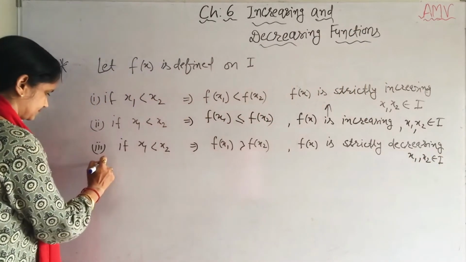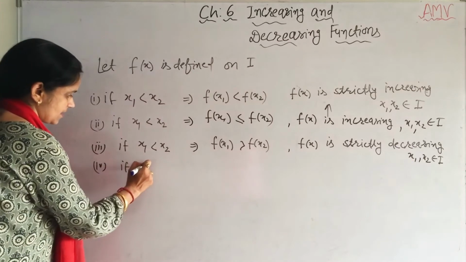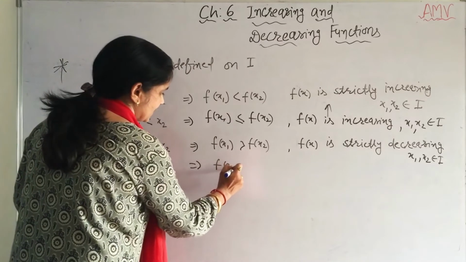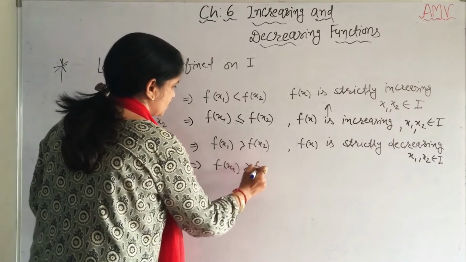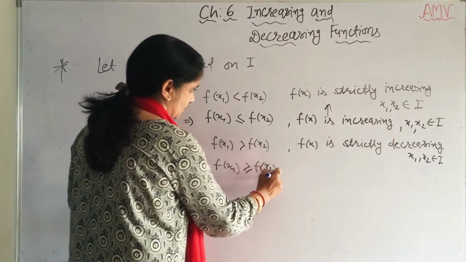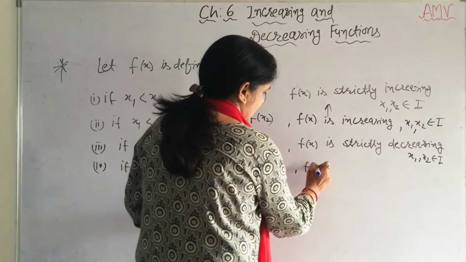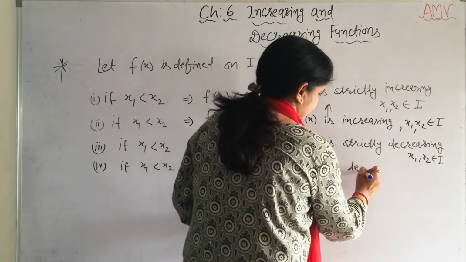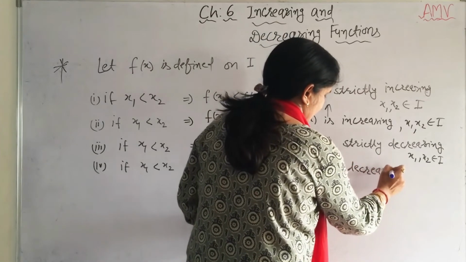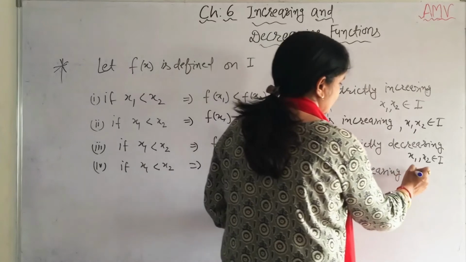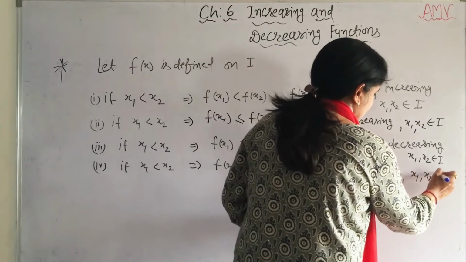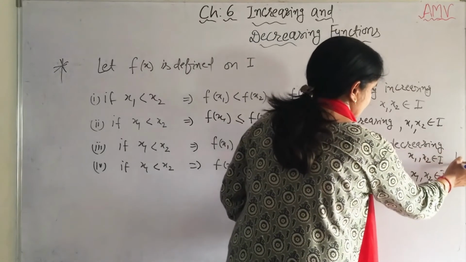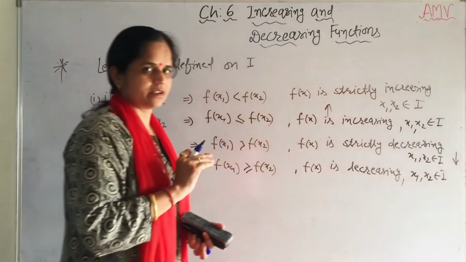Next, if x1 less than x2 but f(x1) greater than or equal to f(x2), then f(x) is decreasing for x1, x2 belonging to I. For decreasing, you can use this downward arrow symbol.